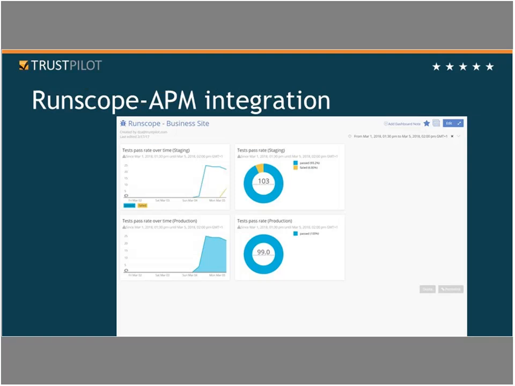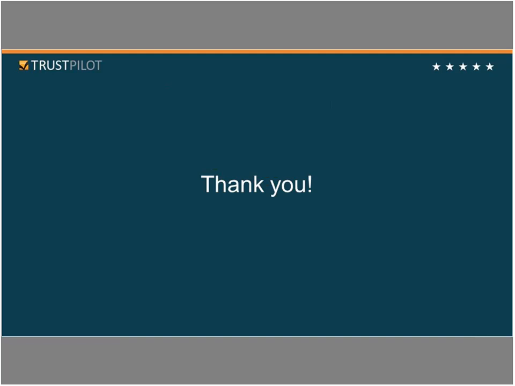So we are using it to show how many tests are failing and when they failed, and we can also get some nice graphs showing the period and time when the tests have been failing and how much impact they had on our applications. And yeah, this can be done also through integrations Runscope has. And I believe that's it.